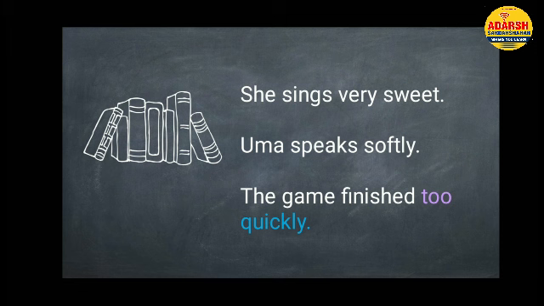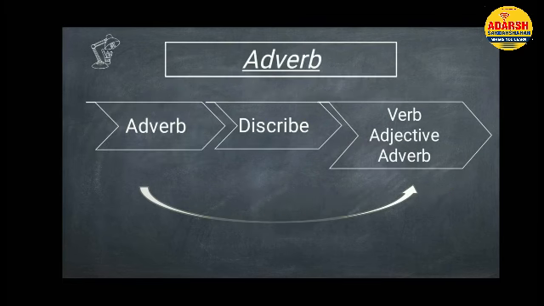In this sentence there are two adverbs. Quickly is an adverb as it is describing the word finished, and too is describing how quickly he ran. Therefore too is an adverb describing another adverb which is quickly. So let us revise. What is an adverb? Adverb is a word describing a verb, adjective or adverb.